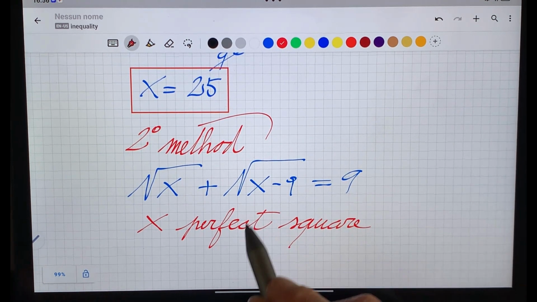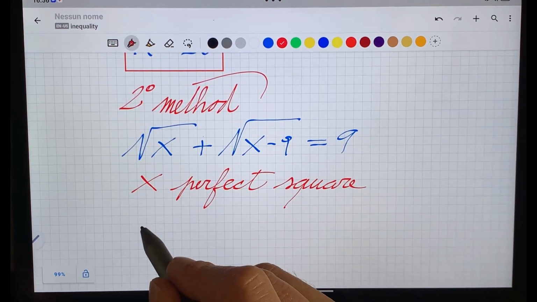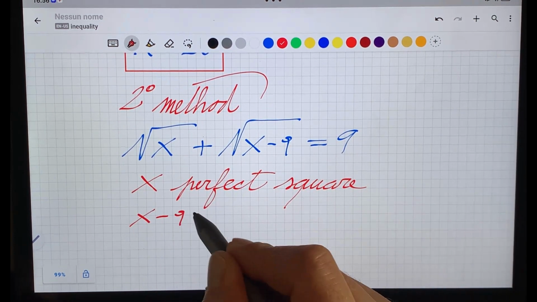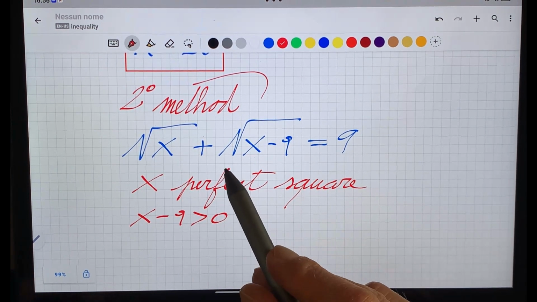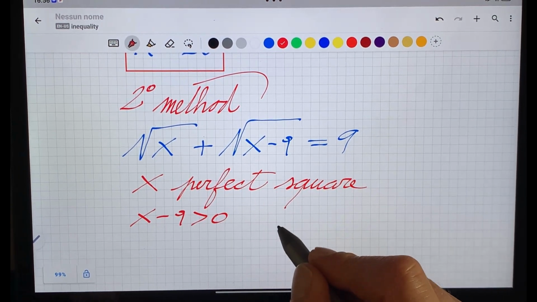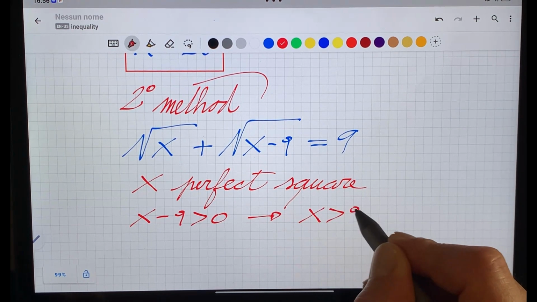And now, we look at the second term, and we see that x minus 9 must be greater than or equal to 0, otherwise you cannot do the square root. That means that x must be at least 9.